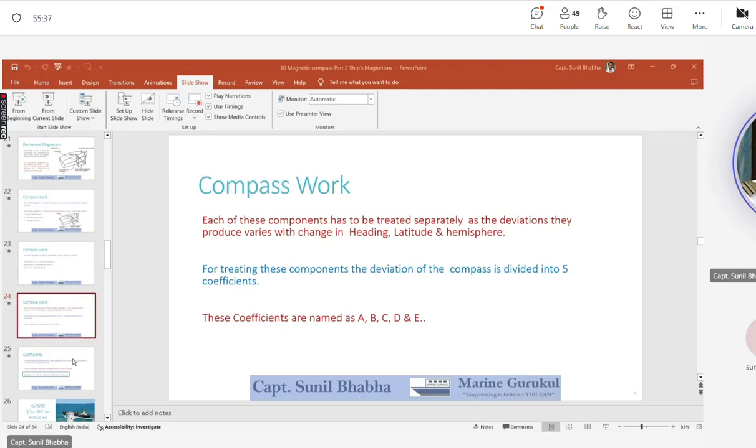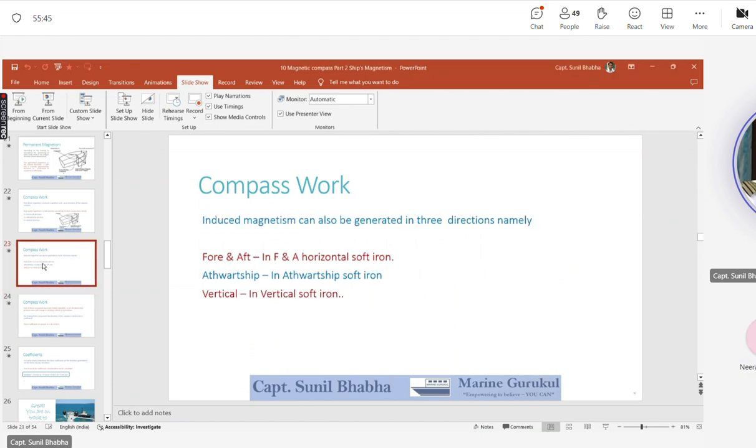Can you show the induced magnetism components? Like for permanent we have P, Q, R, what were the components for induced, sir? Okay beta, for induced, these are there. Induced magnetism can be present in fore and aft horizontal soft iron, athwartship horizontal soft iron, and vertical in vertical soft iron. So more or less they are the same as permanent only, but in permanent they are permanently there, in induced they keep on changing.